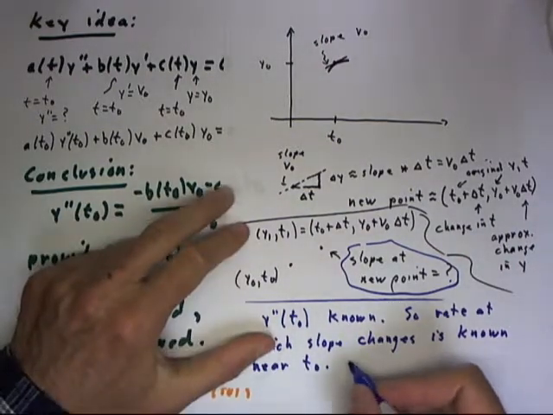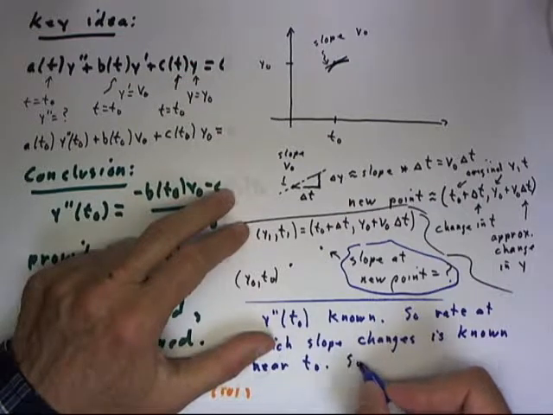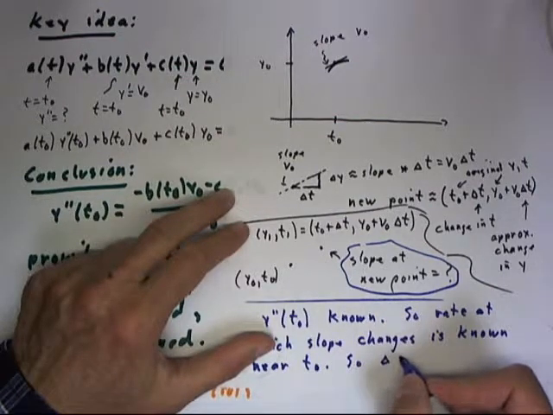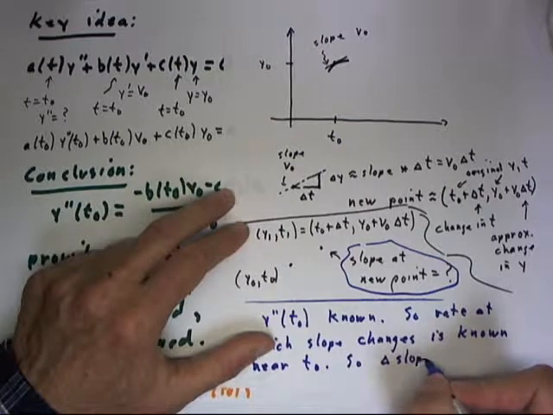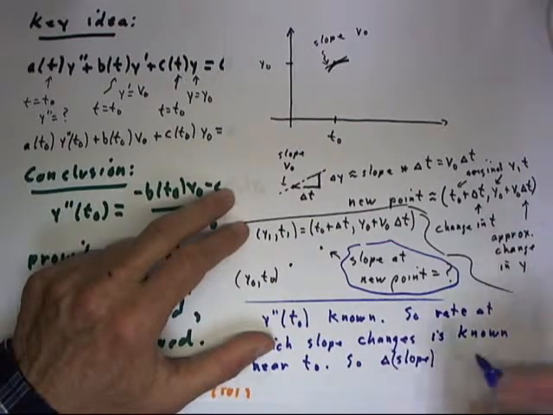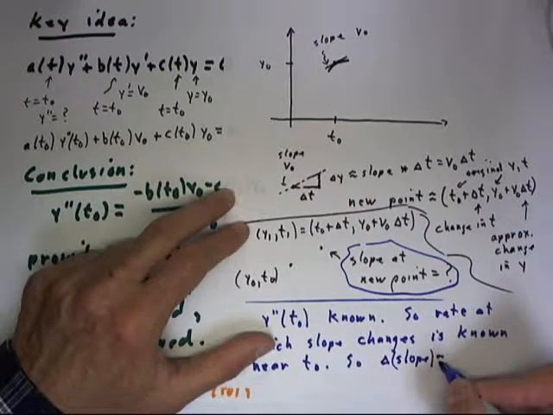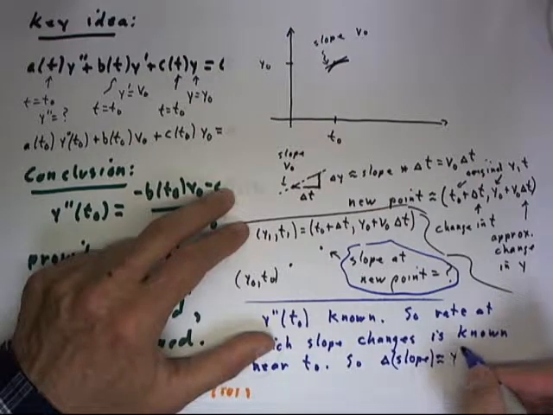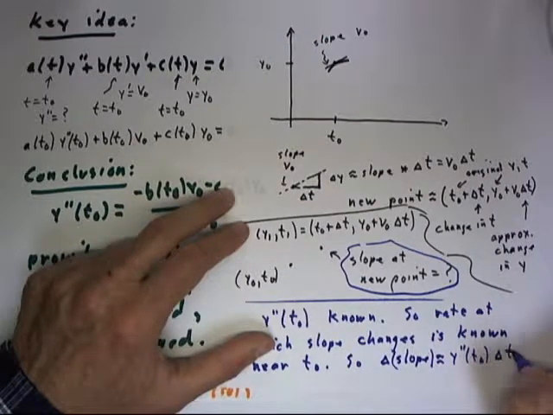So the slope change, which I'll write as delta slope, is approximately equal to y double prime at t naught times delta t.